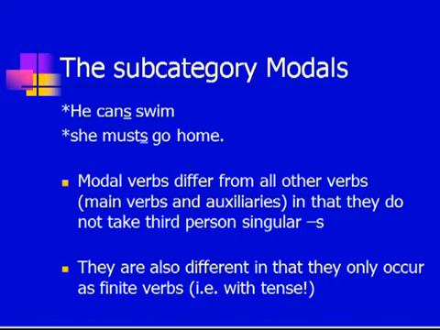So there's no s at the end of the verb in third person singular present. They're also different in that they only occur as finite verbs, so they only occur with tense. So we don't say to must, or he is canning swim or something. You can't use non-finite forms of modals.